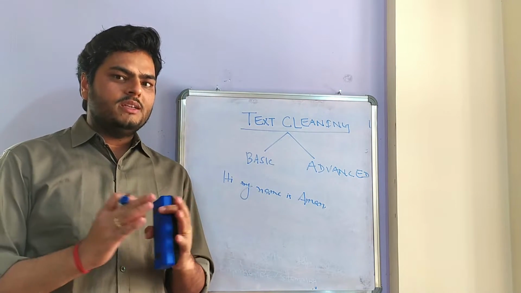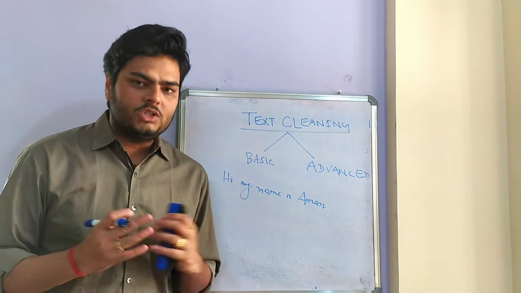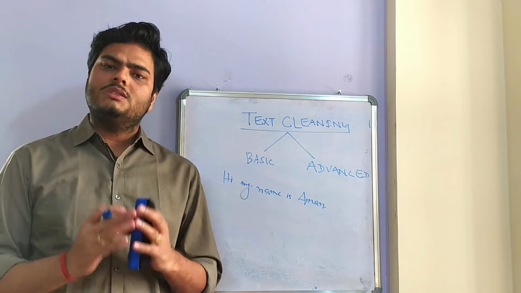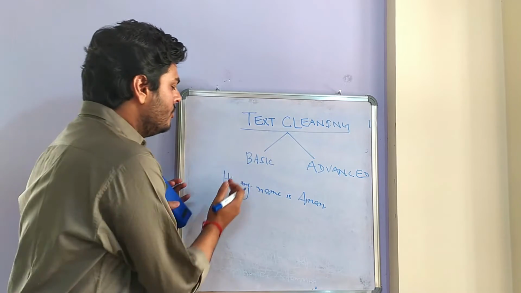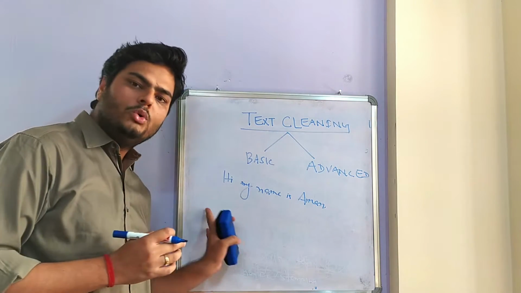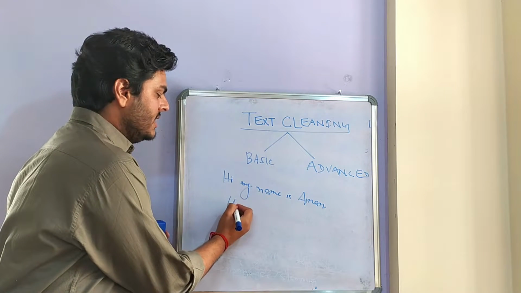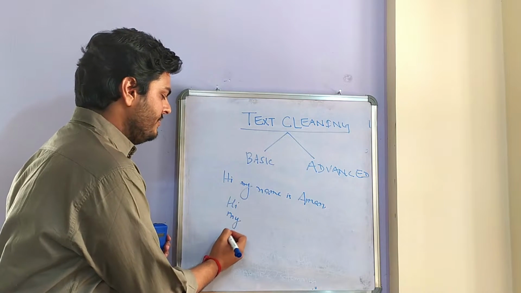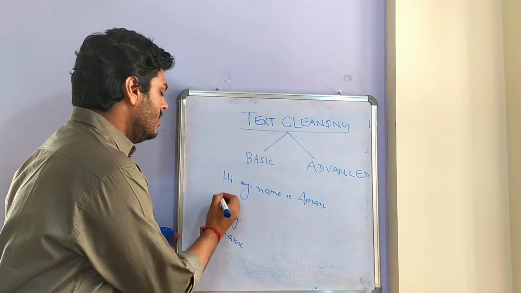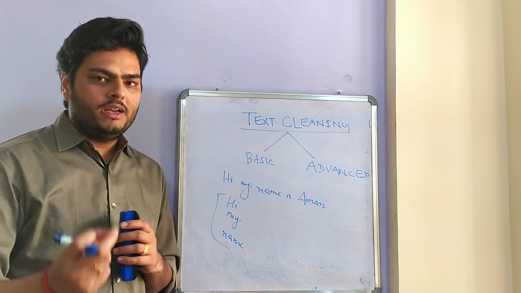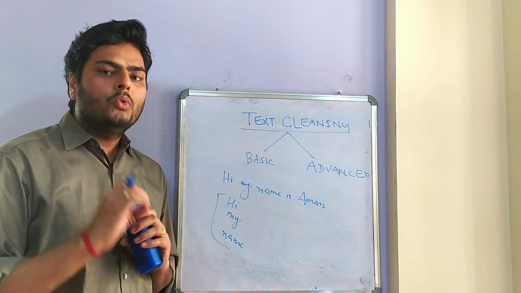It can be either sentence tokens or word tokens. The meaning of tokenizing is nothing but separating all the words individually. So when I tokenize this sentence, I will get output like this: hi, my, name, is, Aman. All the words get separated. This is the example of word tokenization.